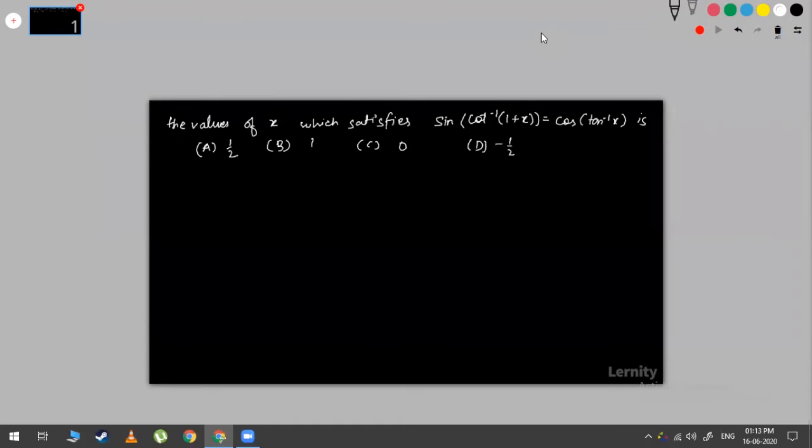Fine. I know you can just substitute these four different values and find whether it is satisfying or not. But I want you to solve it also. I know you can find the values by just substituting the four options.